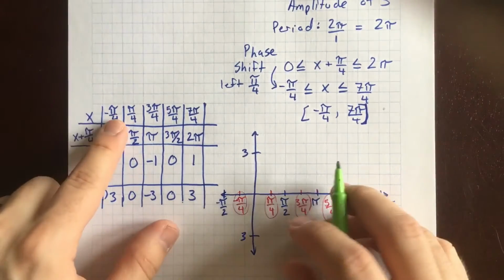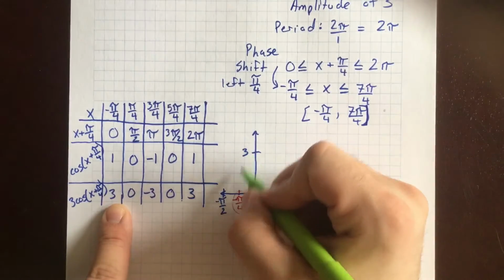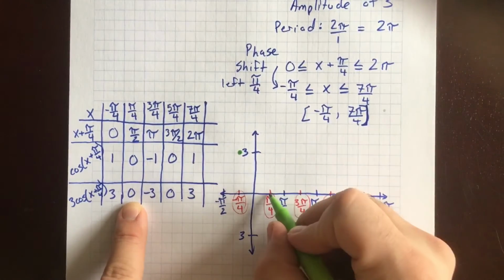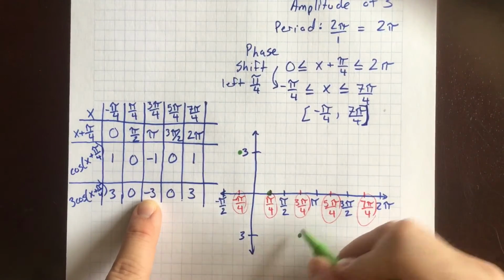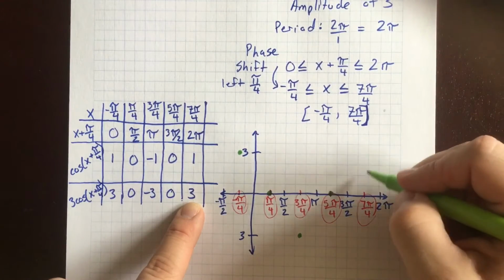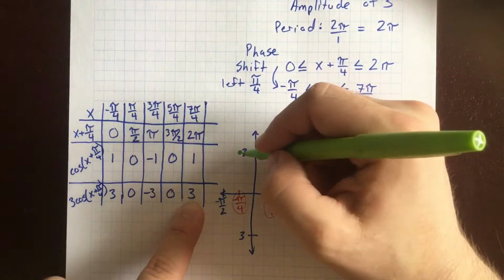So at negative pi over 4, we're at positive 3, and then at pi over 4, we're at 0. At 3 pi over 4, we're at negative 3, and then 0, and then at 7 pi over 4, we're at positive 3.